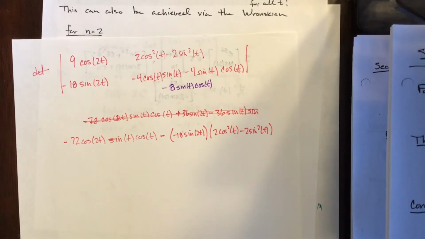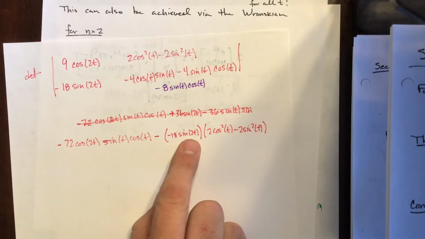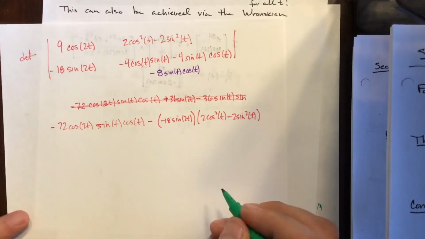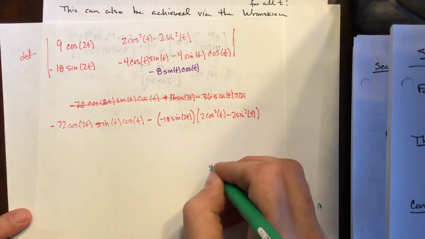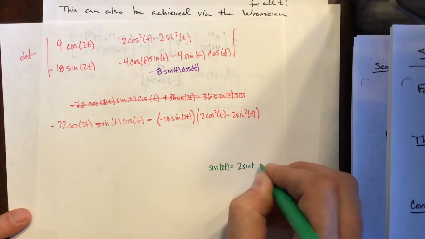Now, one thing you'll notice that we have going around is cosine and sine functions that have an argument of t, and cosine and sine functions that have an argument of 2t. If at all possible, we should try to combine them so that their arguments are the same, because otherwise it's going to be very difficult to simplify it and make any sense of what we're working with here. So there's an identity that says that the sine of 2t is 2 sine t cosine t.